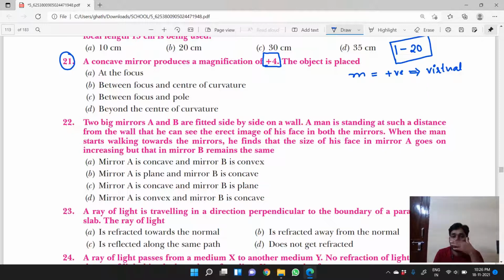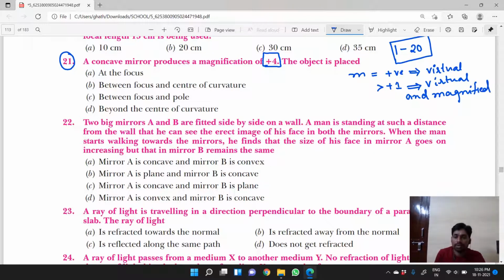And if the magnification is greater than +1, then that is a virtual and magnified image.